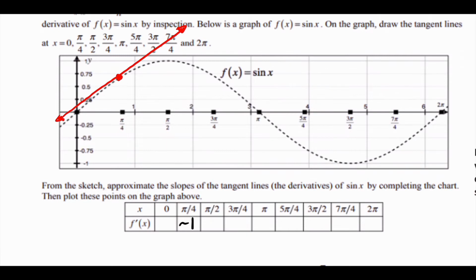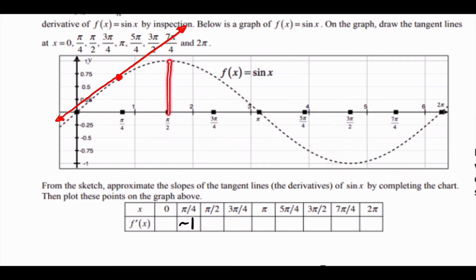What's another point? Look at the curve. Look at the sine wave. Which x value is probably the easiest to find slope at? There's 2 of them. Yeah, why pi over 2? So what's the slope going to be at pi over 2?